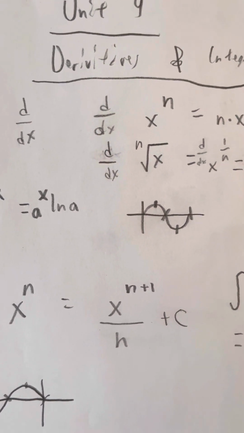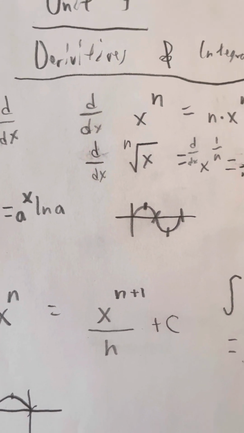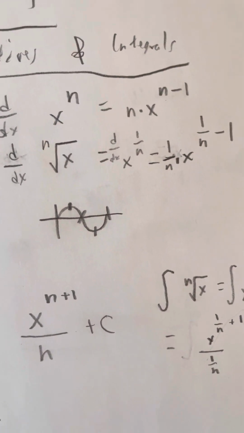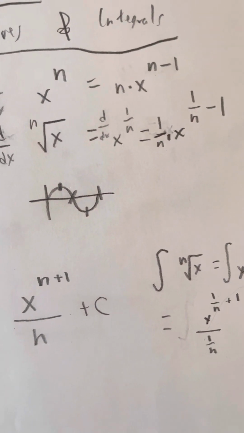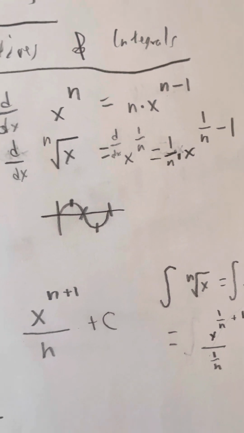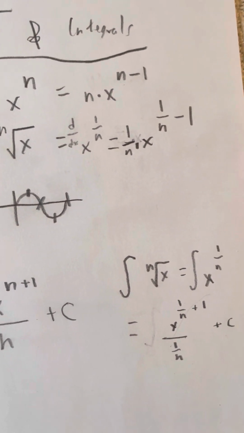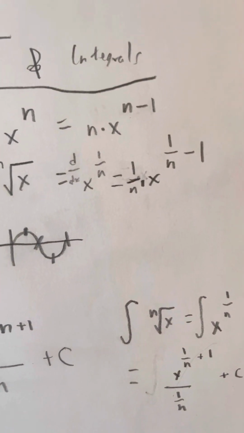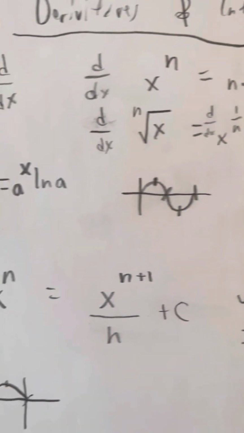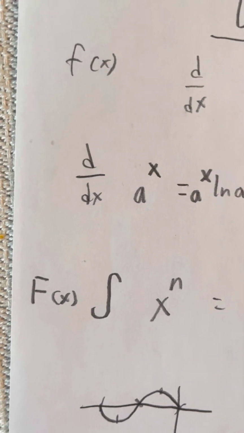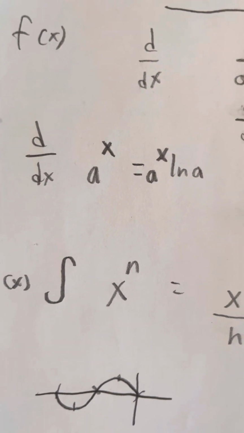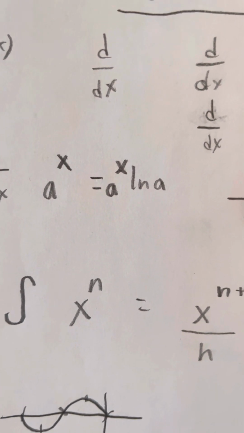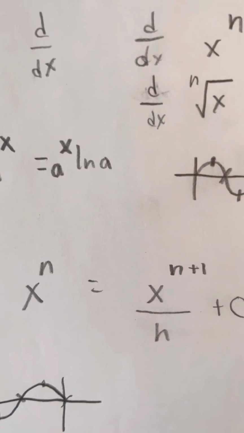And d over dx of the nth root of x, that is x to the 1 over n, equals 1 over n times x to the 1 over n minus 1. And you can see d over dx of a to the x equals a to the x ln a.